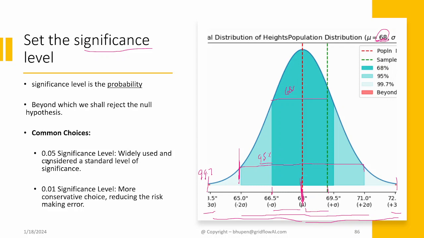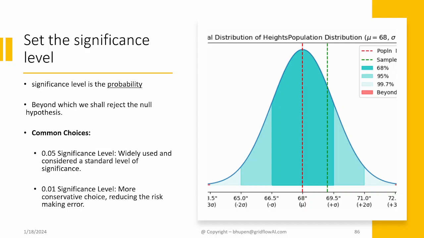Now, you leave 5% as the chance of committing some error. It may be error, may not be error. Now, this is the crucial part. If you have collected many samples and all of these samples fall within the 5% range, that means there is something wrong with the null hypothesis. We'll see in the examples, like in the t-test and ANOVA, how we make use of the significance level.